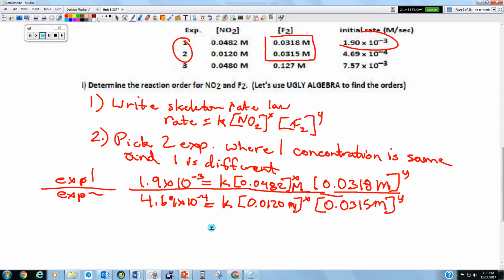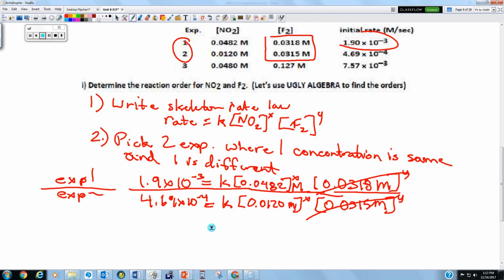All right, now, looking at this, there are things that can cancel. We are going to treat these two as the exact same number because the only difference is in the 100,000ths place or 10,000ths place. So that cancels, that cancels. What else can cancel?